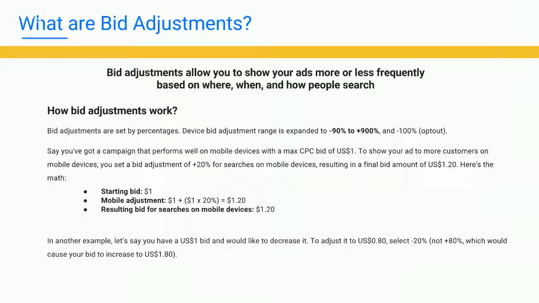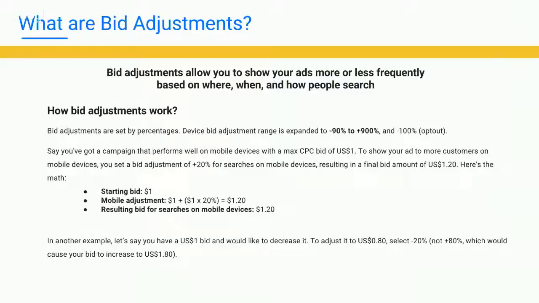The bid that you actually send into the ad auction could potentially go up to $1.20. That would be 20% above the $1 bid you had put in. It's a little bit of a jump, but it's a way to emphasize mobile in comparison to desktop or tablet, which will still remain at the default starting bid of $1. So the resulting bid for searches on mobile devices would be $1.20.